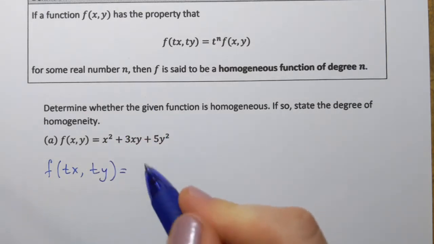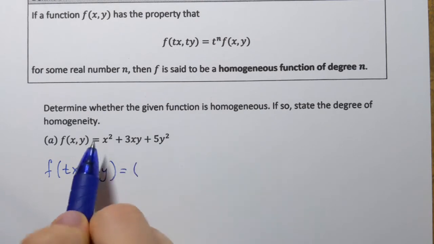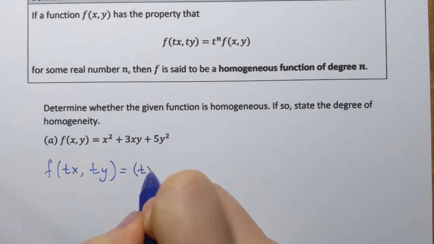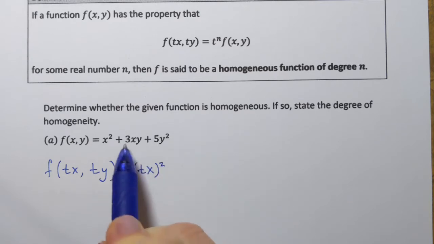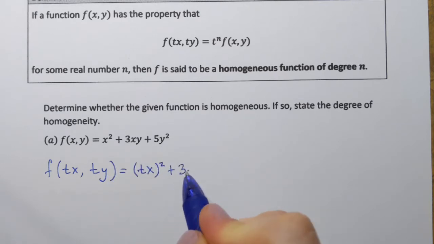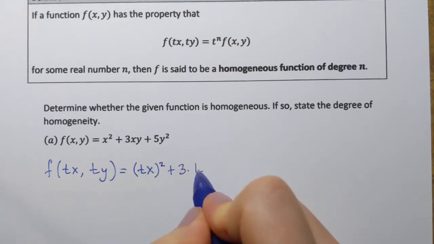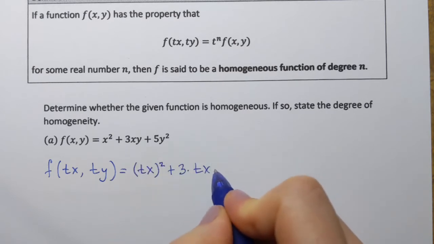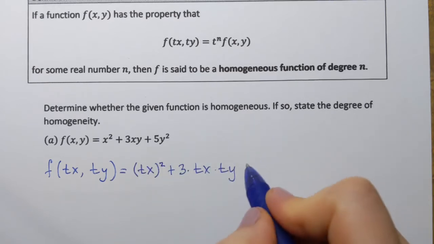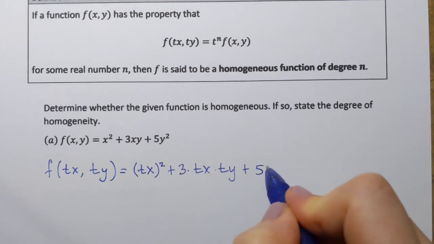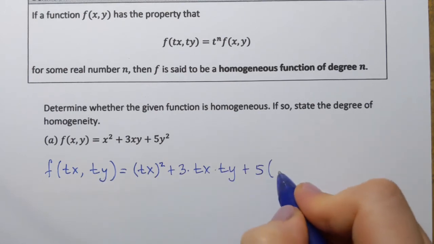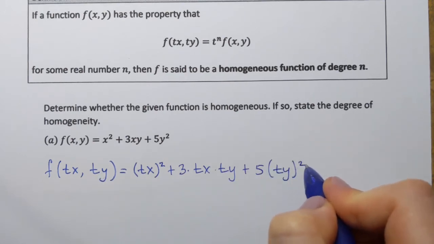So variable x, we're going to replace with tx. So I'm following my function here. So it's tx to the second power plus 3 times x I replace with tx, and then y I replace with ty, and then plus 5 times y I'm replacing with ty to the second power.